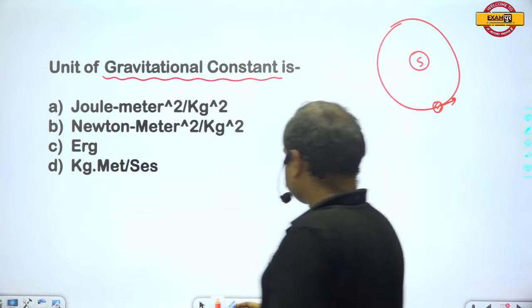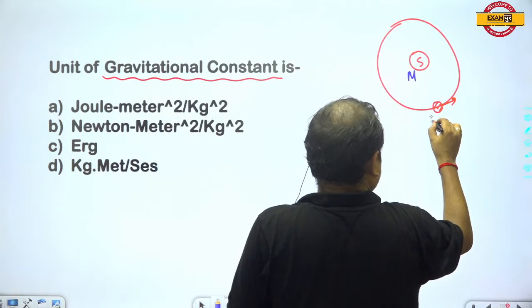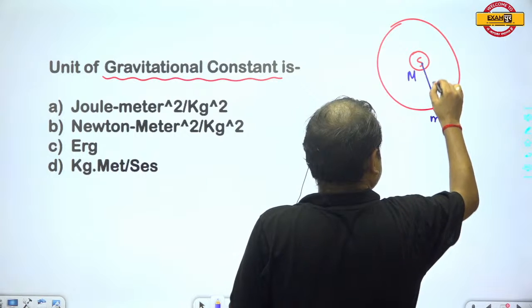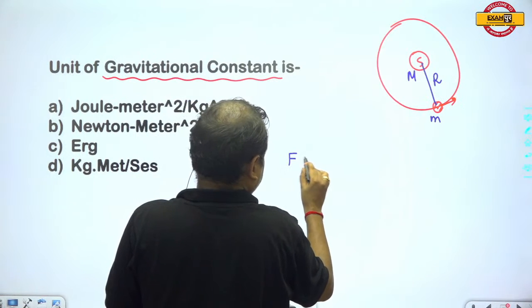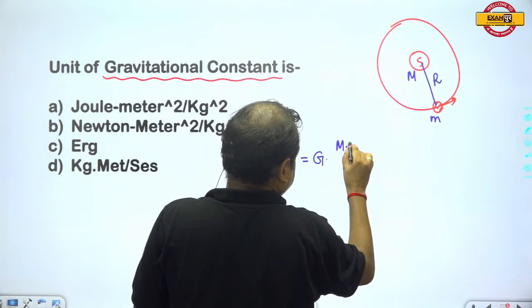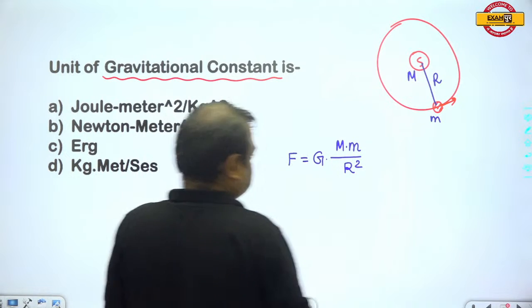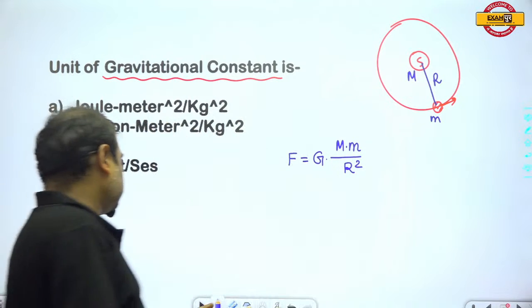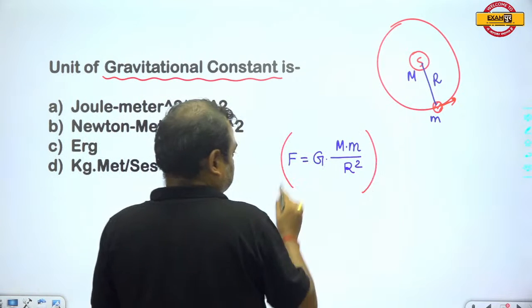The value of gravitational force depends upon the masses of these two bodies and the distance between them. So the formula for gravitational force is F equals capital G into capital M into small m upon r square.